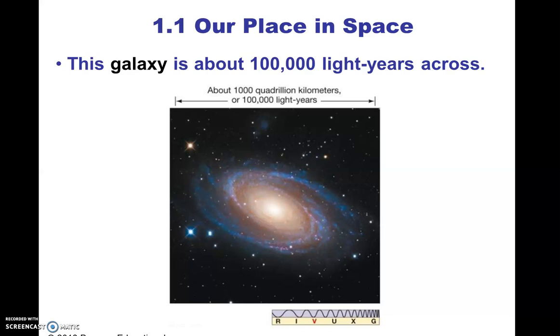When you get outside the solar system, the stars are spaced very, very far apart. And so what we do is we use the distance that light travels in a year. Light has a constant speed. It travels at 3 times 10 to the 8th meters per second, and it always does that, no matter what the motion of the object or the observer is.